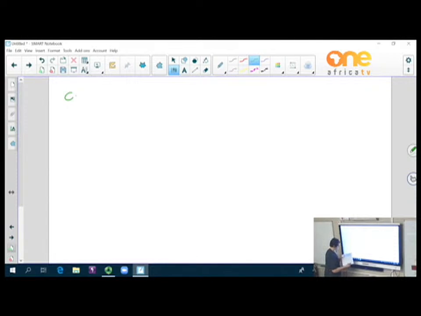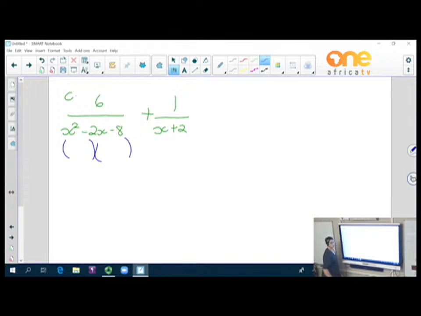Number C. 6 over x squared minus 2x minus 8. You can immediately see that this is then a trinomial that I deal with here. Lowest common multiple, LCM, but I need to factorize. This is a trinomial.